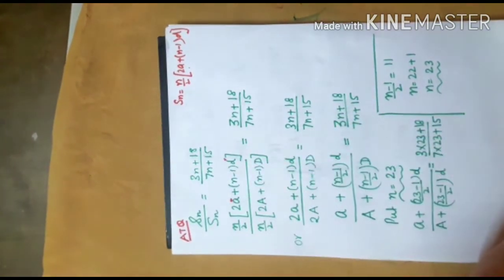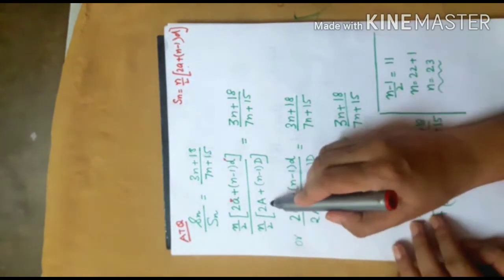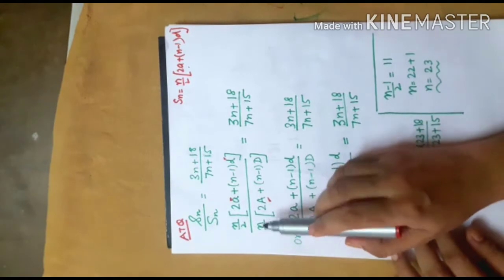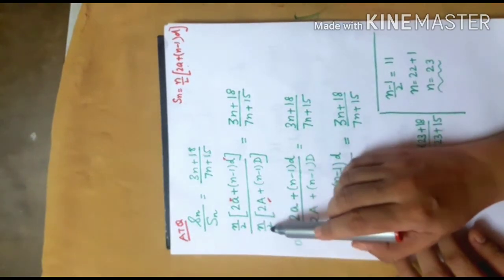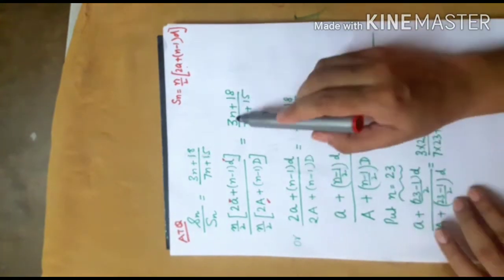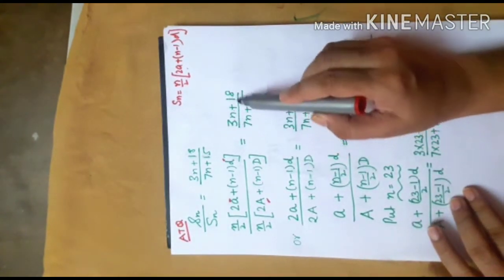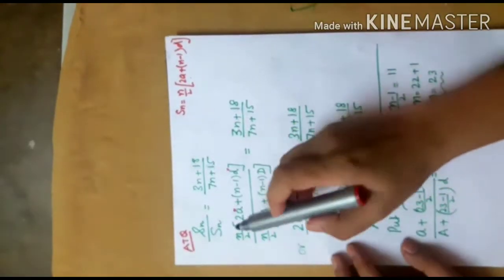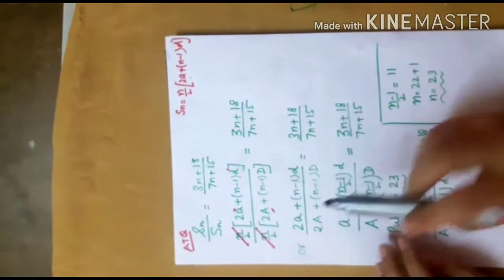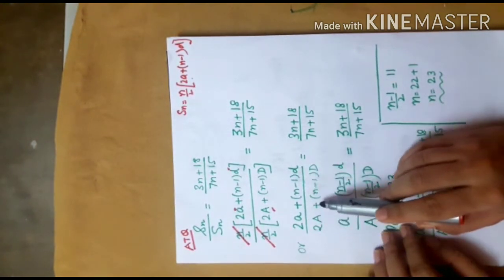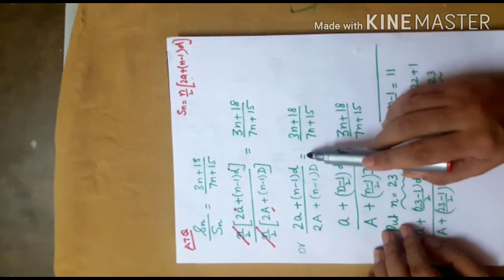For the second AP, the first term is capital A and common difference is capital D, so in the denominator I get n by 2 into 2A plus n minus 1 D equals 3n plus 18 over 7n plus 15. The n by 2 will get cancelled out. Here I'll get 2a plus n minus 1 d over 2 capital A plus n minus 1 into capital D equals this.